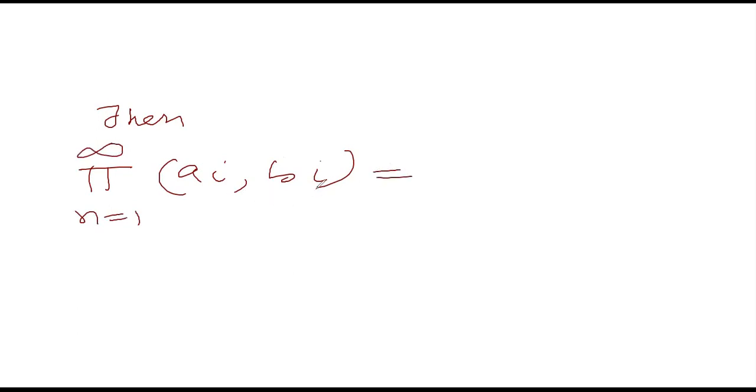Then one can easily verify that this product of n copies of open intervals, the open interval of R^n, is equal to the union, k runs from m to infinity, of the product, i runs from 1 to n.